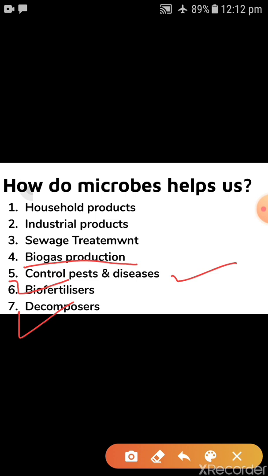So we can say that microorganisms help in enriching the soil. So those microorganisms are called biofertilizers. Microorganisms also break dead and decaying matter into useful substances so that it helps the environment to get rid of these dead and decaying plants and animals. So in this way we can say that microorganisms are useful to us, children.